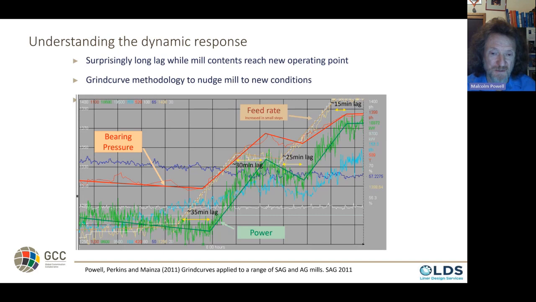So the temptation with operators is to over-control and control systems to get a quick response. All you're doing is introducing a huge disturbance into the system. So over-control, I observe, is a common problem that's quite easily addressed with an improvement in the control system.